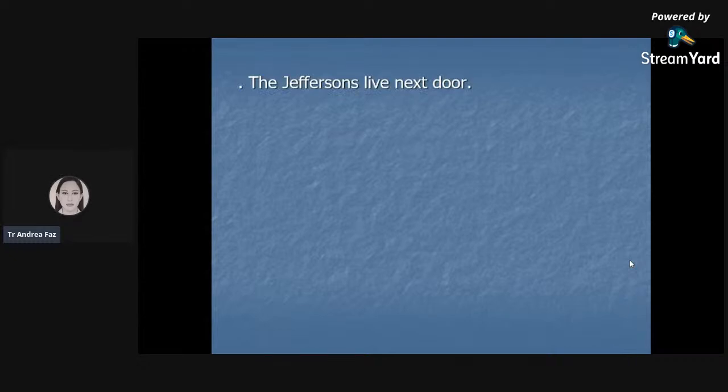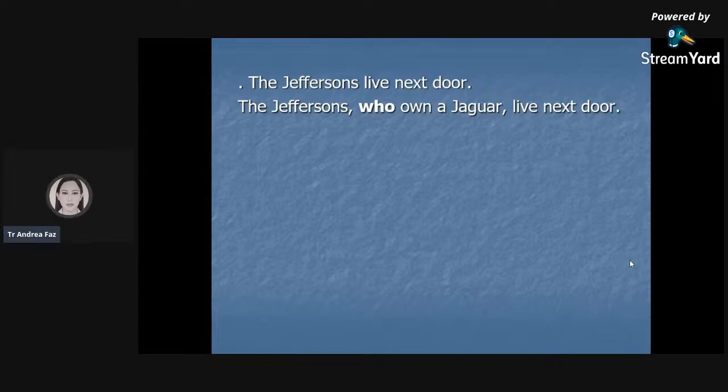The Jeffersons live next door. The Jeffersons, comma, who own a Jaguar, comma, live next door. As you can see, we can take "who own a Jaguar" as extra information, como los apósitos que vienen en los exámenes.